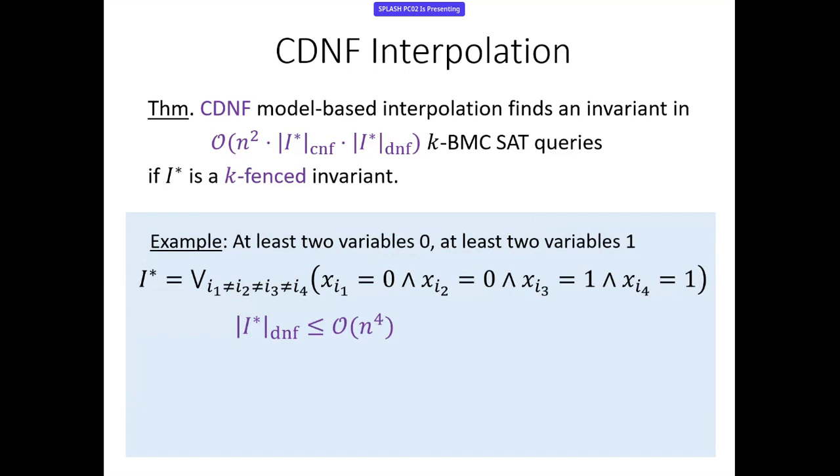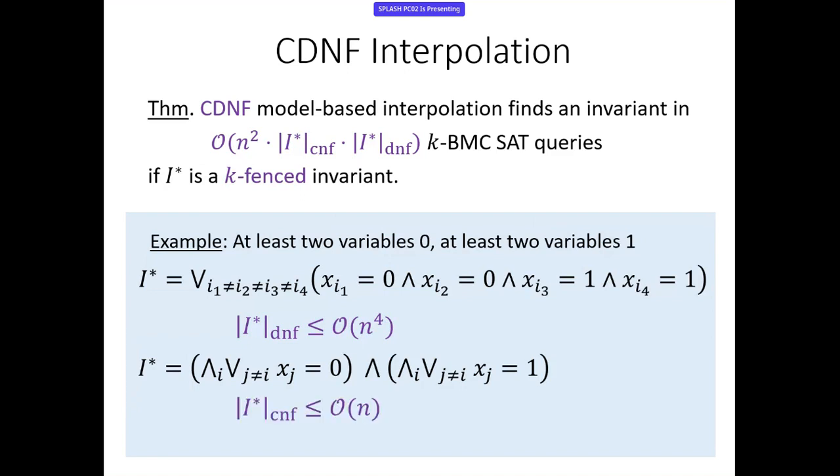We can also express the same formula in an equivalent form in CNF, saying that for every variable we choose, there's always another variable that is 0 and another variable that is 1. This is exactly equivalent, and it shows that the CNF size of the target invariant is also polynomial in the number of variables, which means that our CDNF interpolation algorithm can efficiently infer this inductive invariant, again, as long as it satisfies the fence condition.